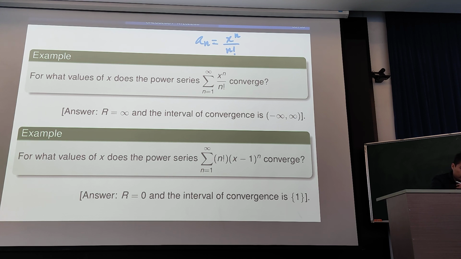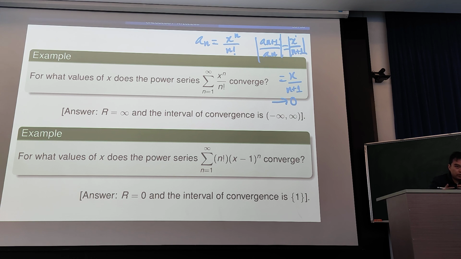If you use the ratio test, you should consider the limit of an plus 1 over an. That will give you x multiplied by 1 over n plus 1. You can see that the absolute value of it equals |x| over n plus 1, and it tends to 0. That means for every value of x, this series converges.